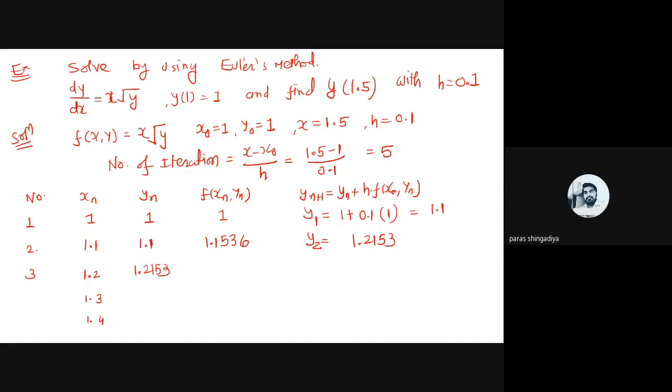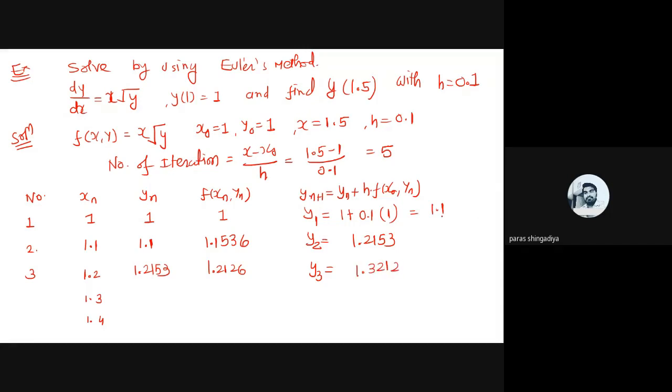In the third iteration, function value now. So 1.2 into square root 1.2153 is equal to 1.2126. And now check y3. Use all the three data: 1.2, y2, plus h is 0.1 into the function value 1.2126, and it will be 1.32126.